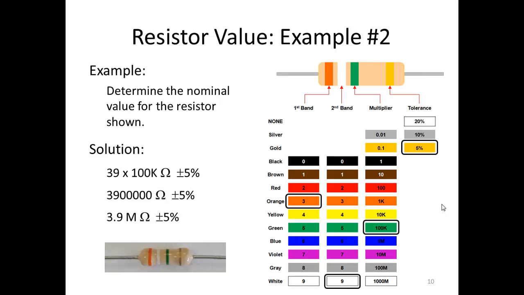That gives us 39, and then you'll notice there are 5 zeros when you multiply that out. So it's 3.9 mega ohms, because look, how many places are we going to move it? 1, 2, 3, 4, 5, 6. 3 would be kilo, 6 would be mega ohms.